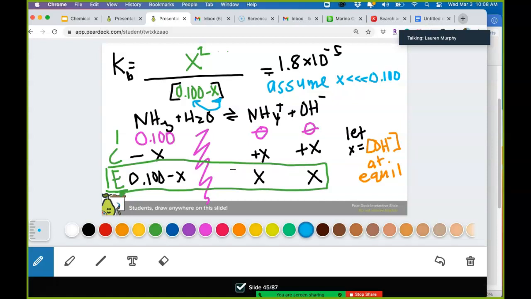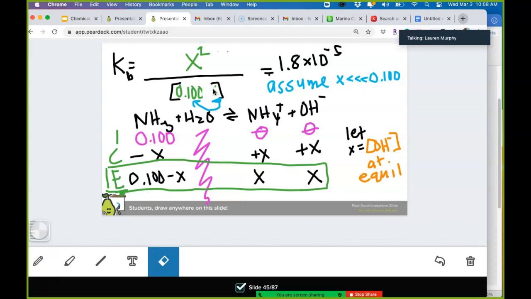So in essence, this assumption allows me to get rid of this minus X, because we're making the assumption that it's so small compared to 0.1 that when you subtract it from 0.1, it goes away.